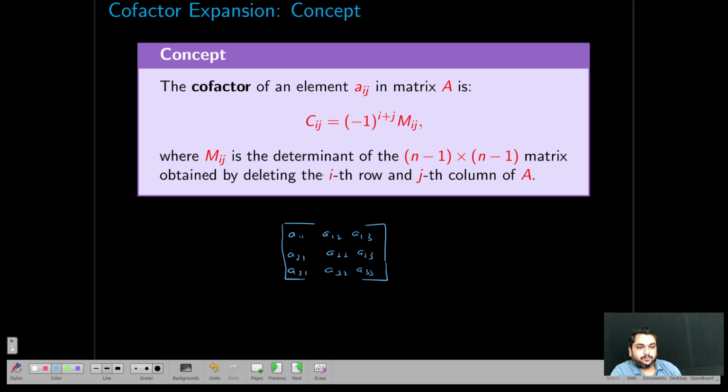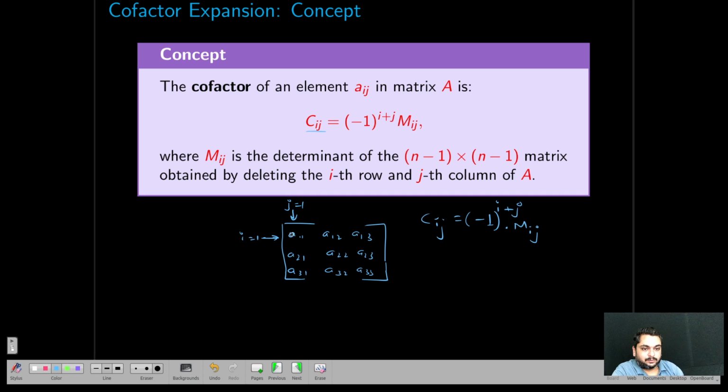Now, what does the cofactor say? Cofactor of ij. Let us take this element, i equal to 1, j equal to 1. C of ij is equal to minus 1 power i plus j, into M of ij. What is this M of ij?